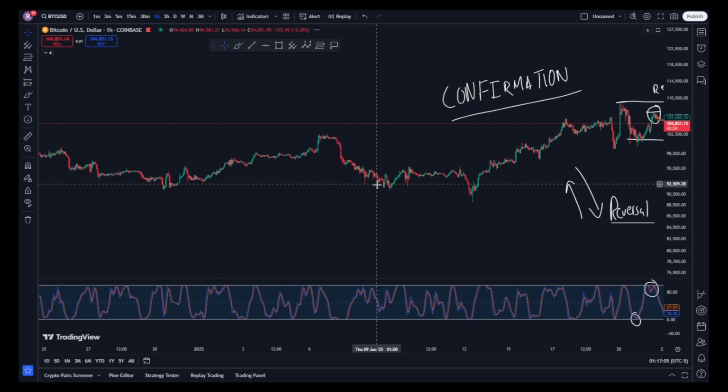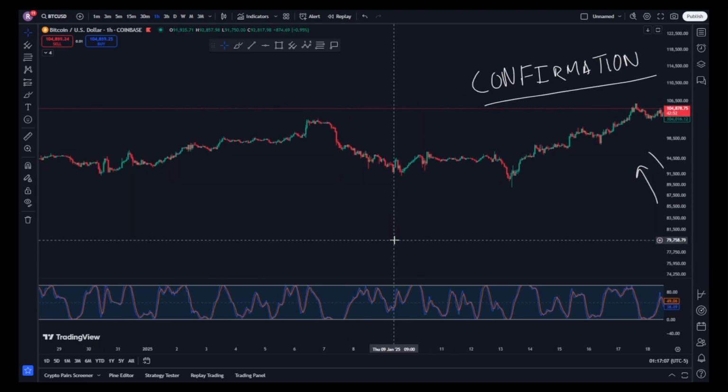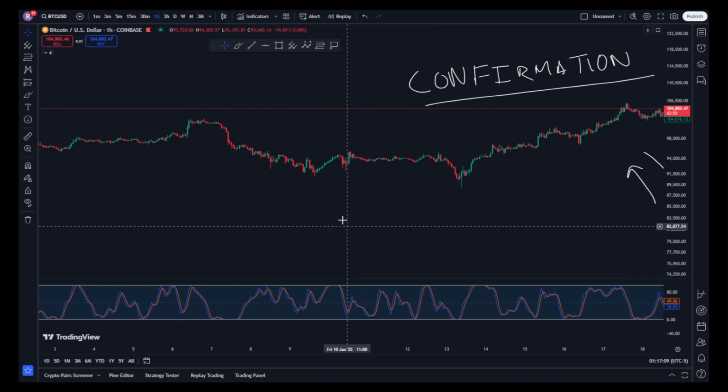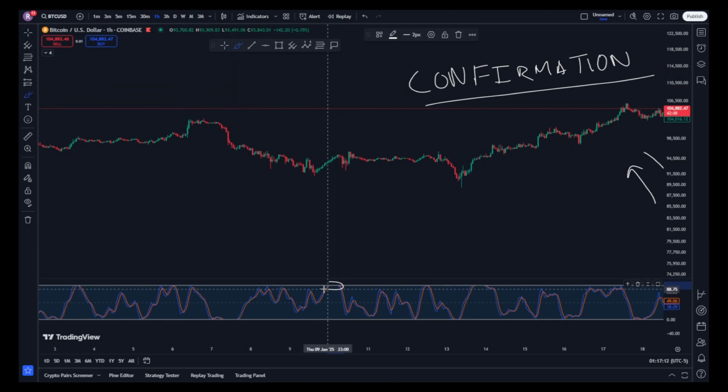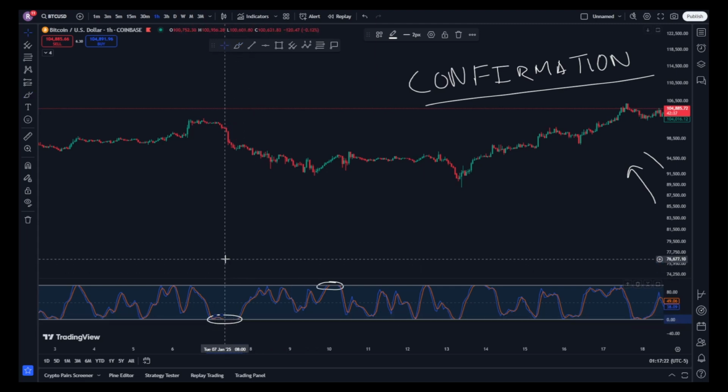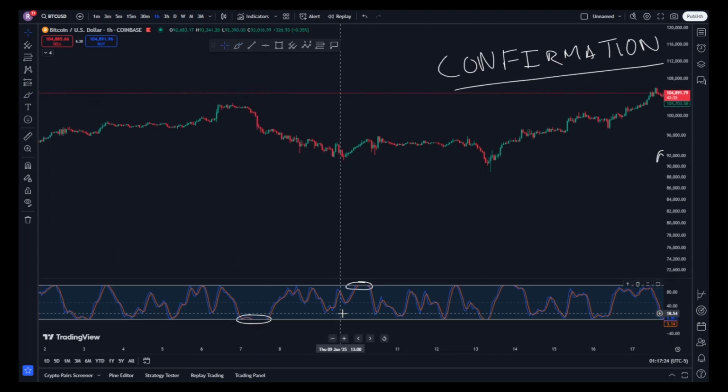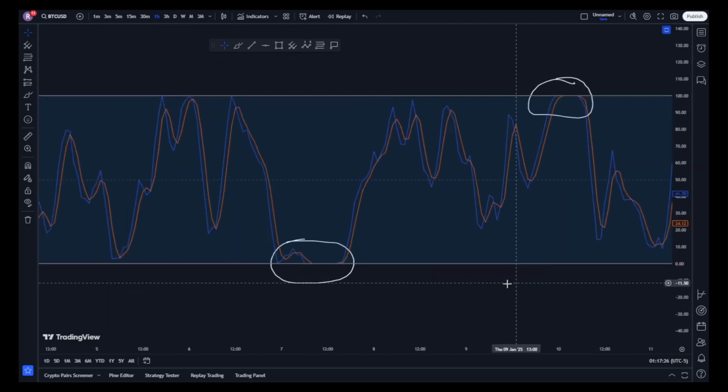So now, staying on that topic, we're going to talk about one more thing, and that's extended stochastics. You can see over here, the stochastic stayed extended up here and bottomed out over here, right? For a long period of time. If we just zoom into the stochastic, you can see that it stayed flat around 0. And over here, it stayed flat around 100.